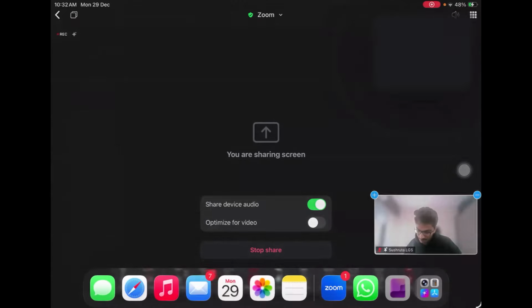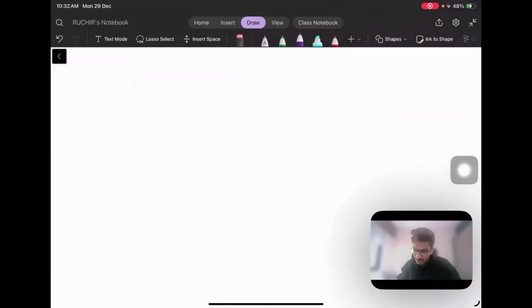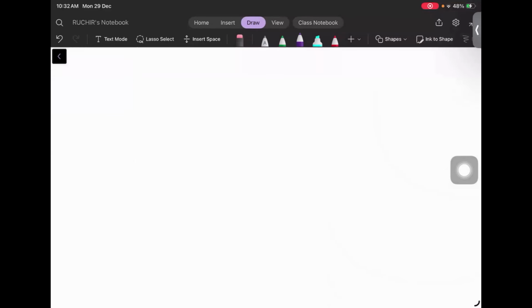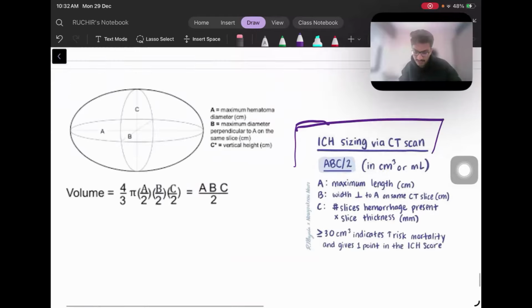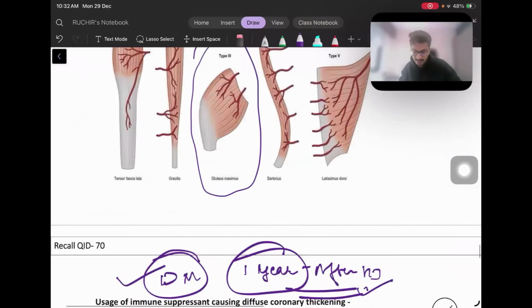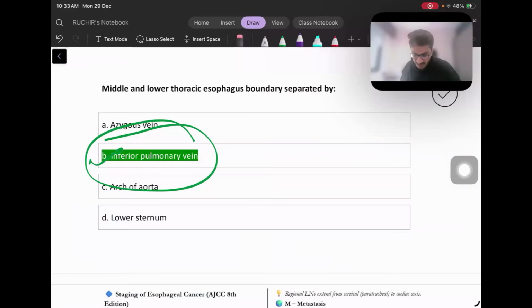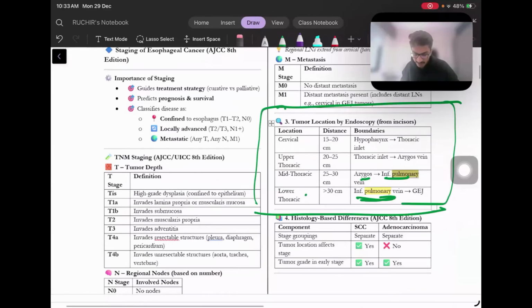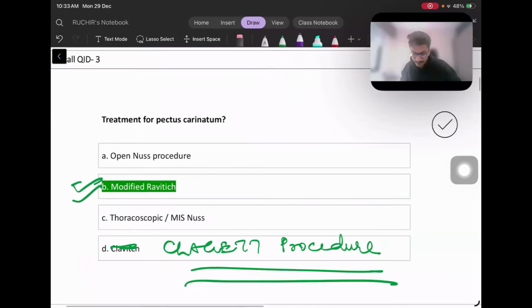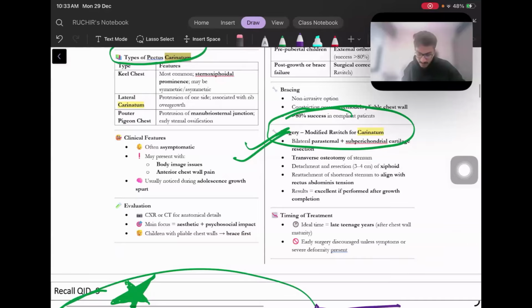So just quickly going through the questions once more, sharing the answers for each question we have discussed today. The first question is about the middle and lower thoracic esophagus boundary separated by the inferior pulmonary vein. Pectus carinatum treatment is the modified Ravitch procedure.